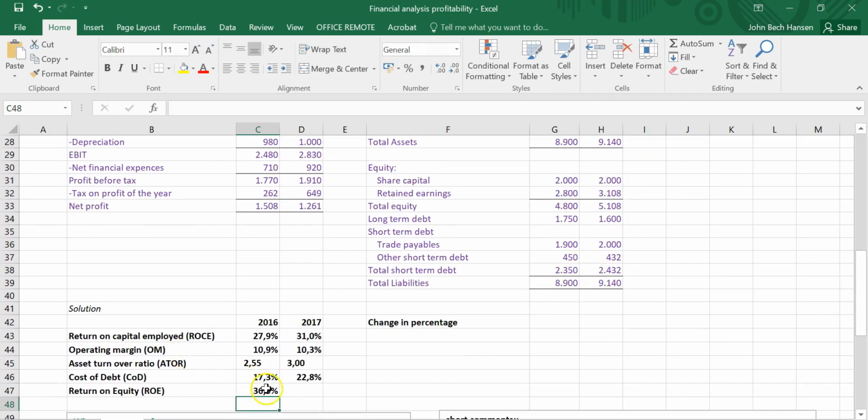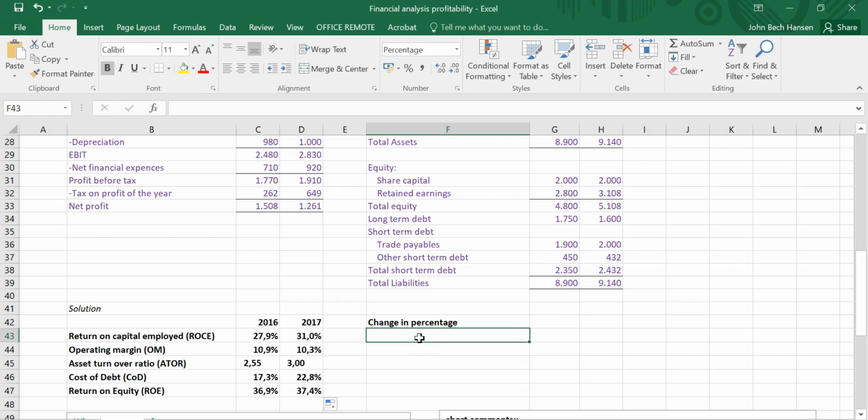This is quite good actually. What do you think? To get a payback after a year of 37%? Not too bad. We can analyze further and say, well, how much is the change in percentage?